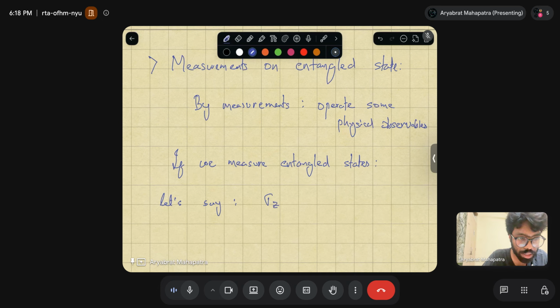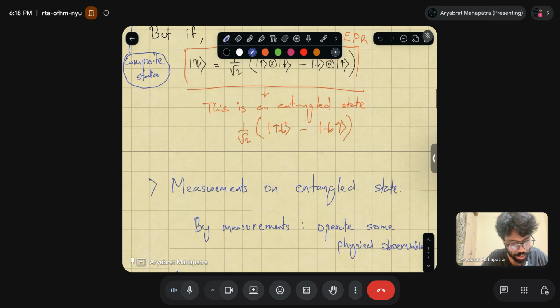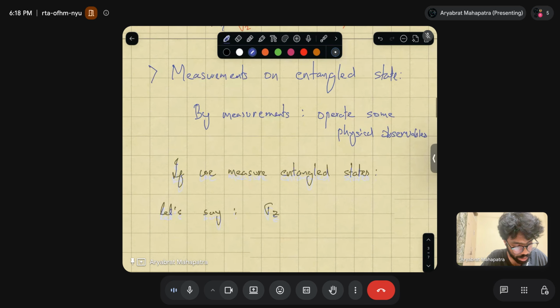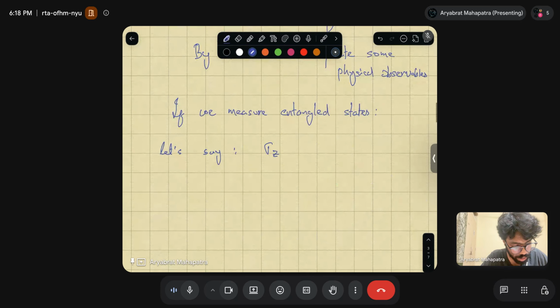We are basically measuring the spin operator on the entangled state, and this is our entangled state, psi. So if we are measuring this entangled state on sigma z, it means sigma z on psi.